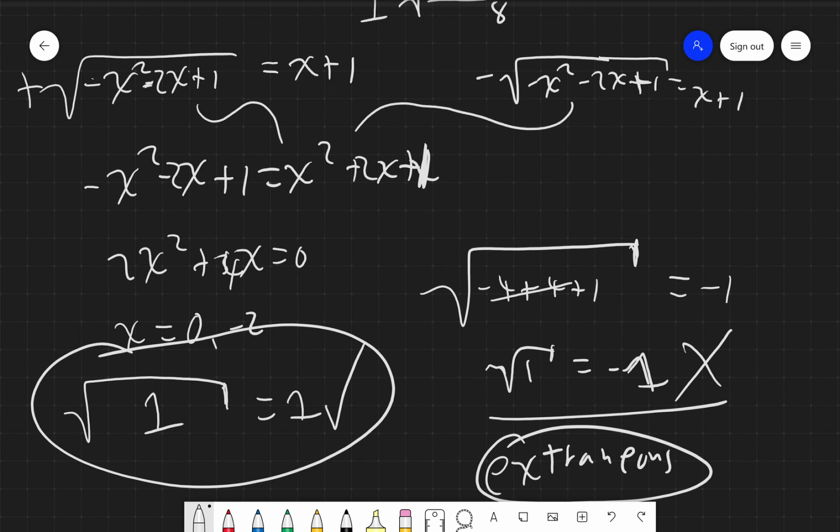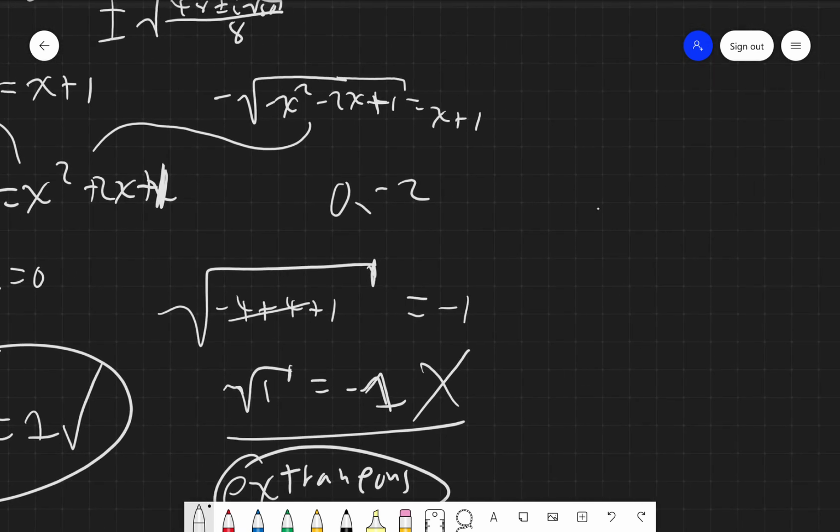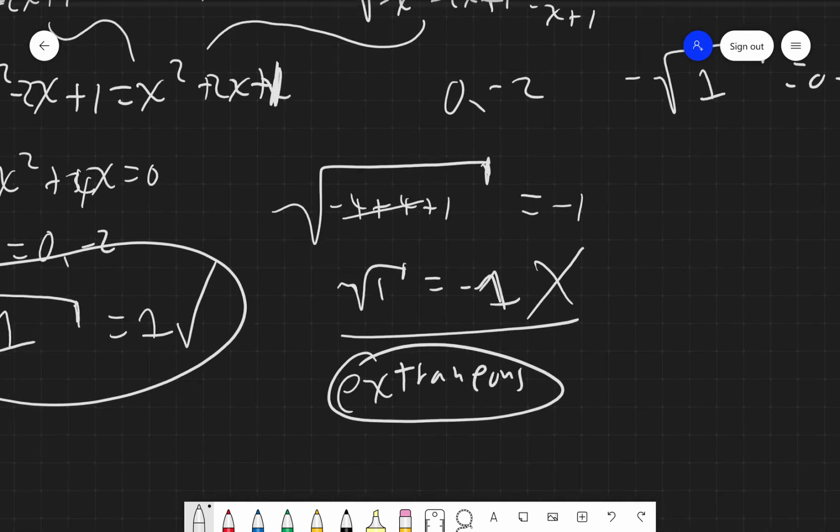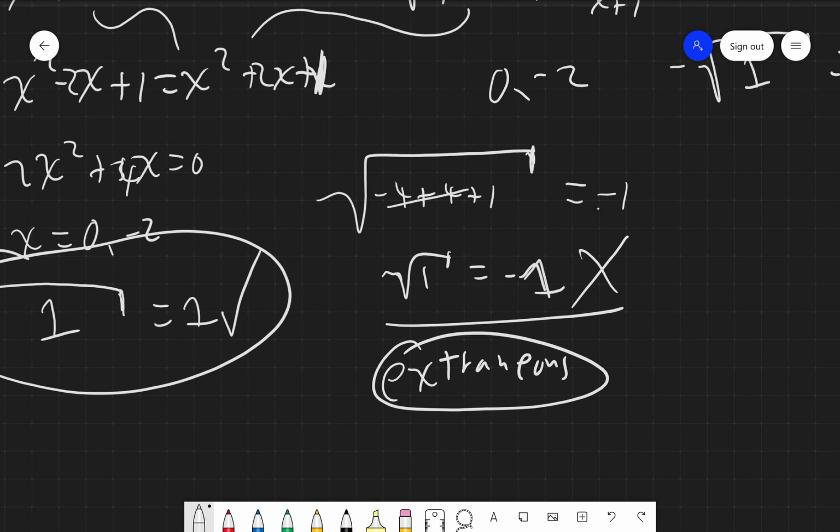Now, if we solve it and look at these solutions, 0 and negative 2, let's plug them into this equation. We have the negative square root of 0 minus 0, 1 equals 0 plus 1. And so we have negative 1 equals 1, which is not true. Let's do negative 2 as well.